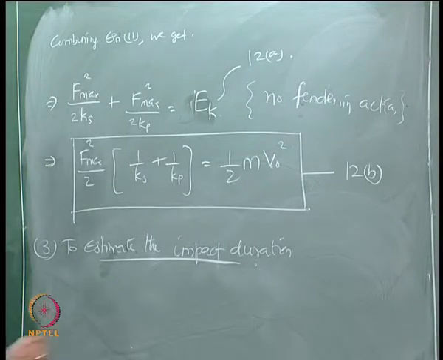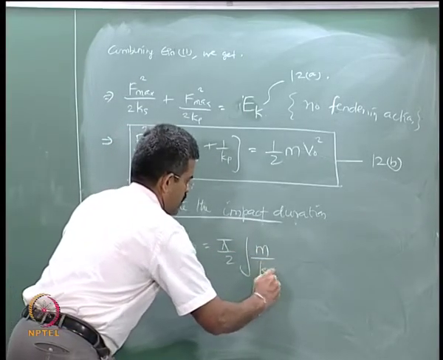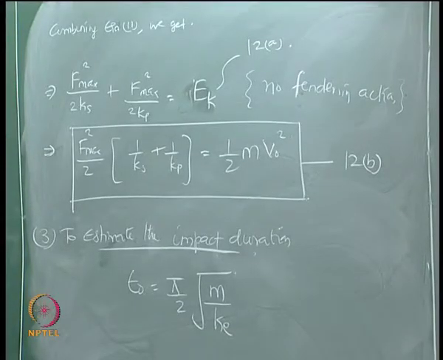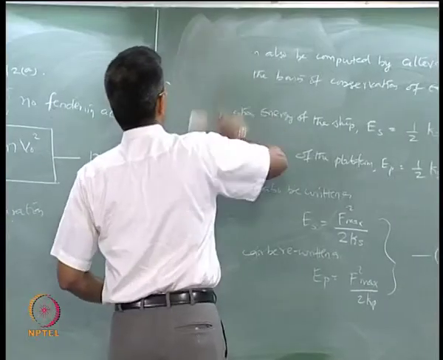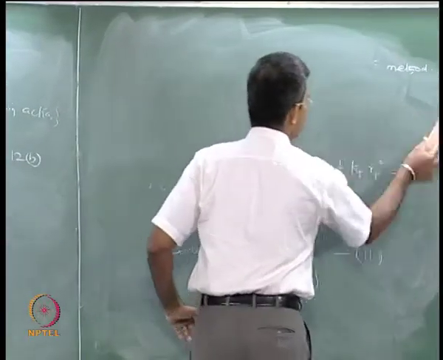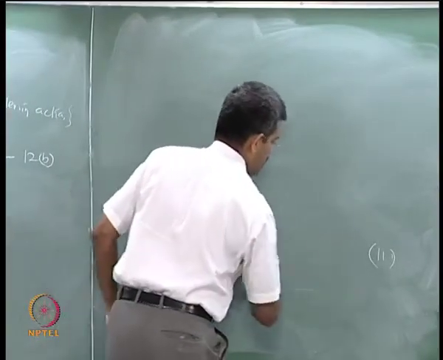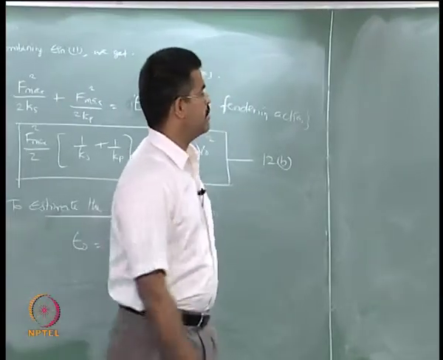The impact duration T naught is given by pi by 2 root of m by Ke. Let us take up an example and see whether this example demands a dynamic analysis or a quasi static analysis for the impact.